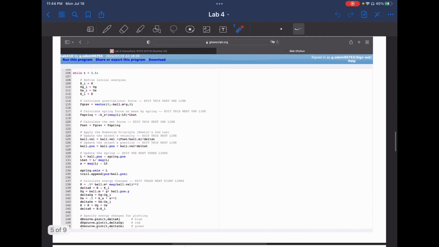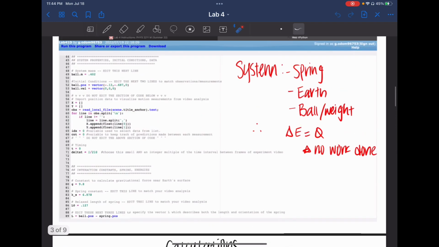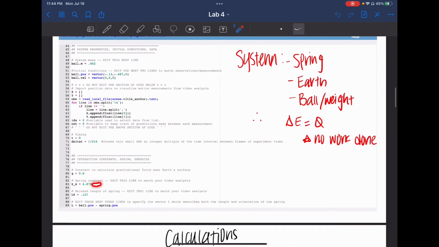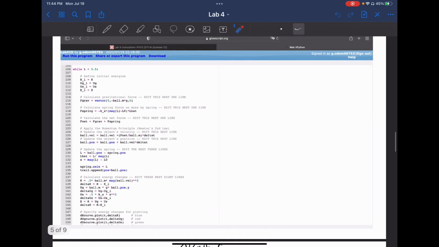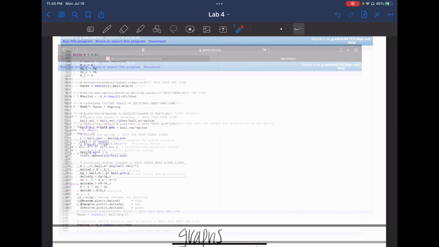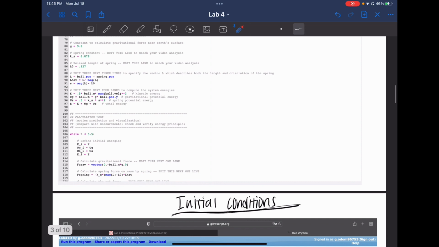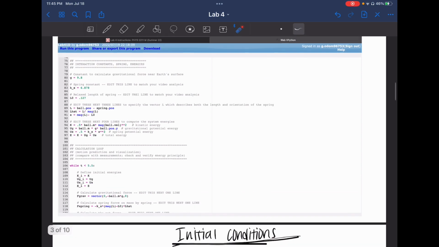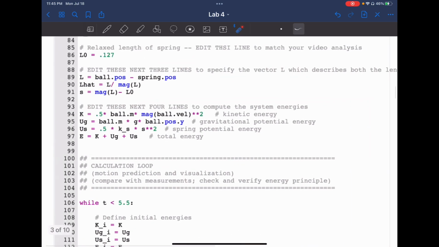This is our calculation loop, and all that information like the spring constant and the relaxed length was put in there that we calculated. It was like 9 seconds that I did it for. From this we can see how K, the kinetic energy, was calculated.